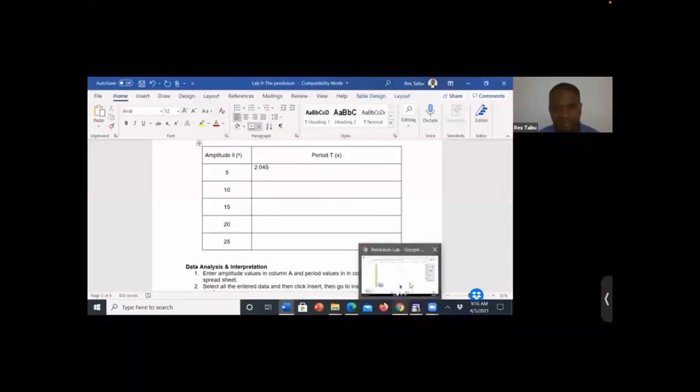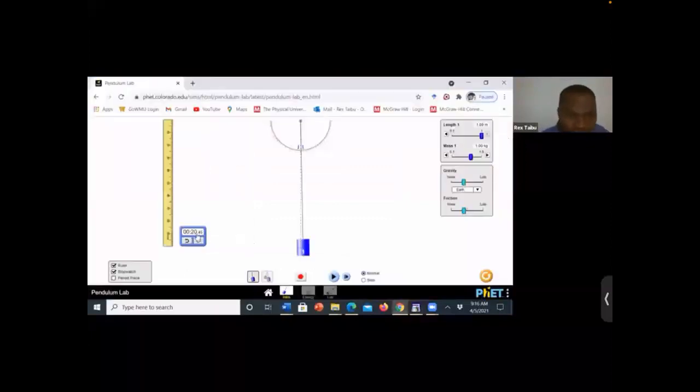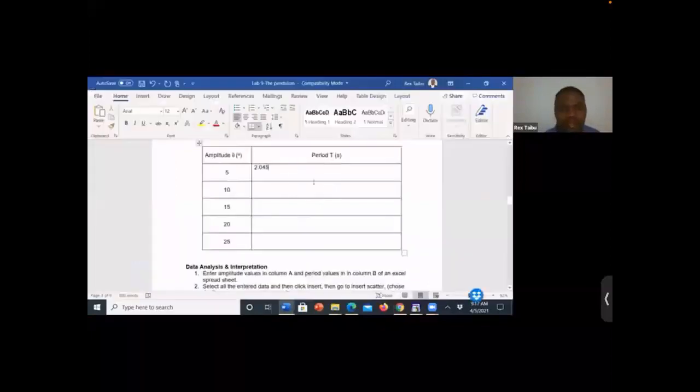Remember, if you go to the simulation, our time was 20.45 seconds. If you divide by 10, it will be 2.045. Okay, so that's it. And then you can do the same for 10, 15, 20, 25.